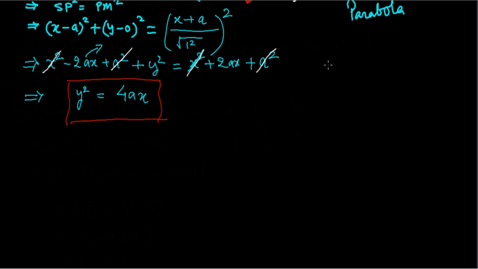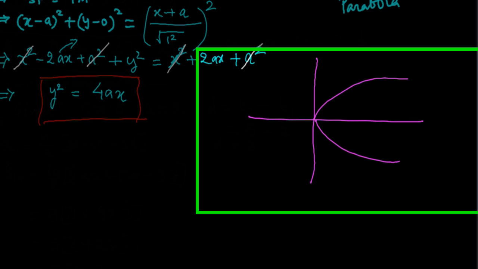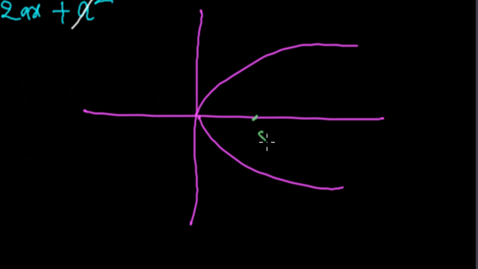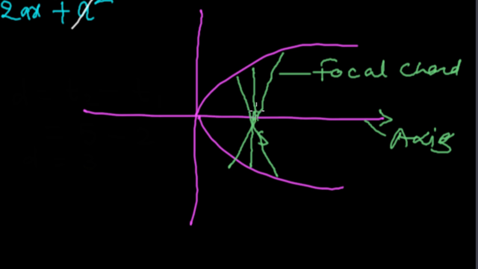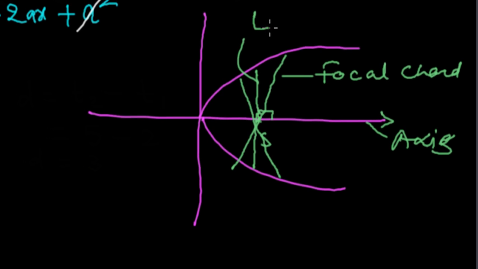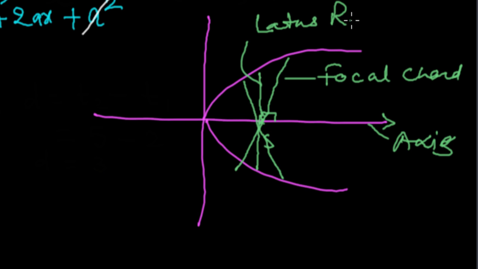Like we see, this is a parabola and this is the focus. So many chords may pass through the focus, infinite chords may pass through the focus. These are called focal chords. And the chord which is perpendicular to the axis, this one is the axis, is called the latus rectum, LR.